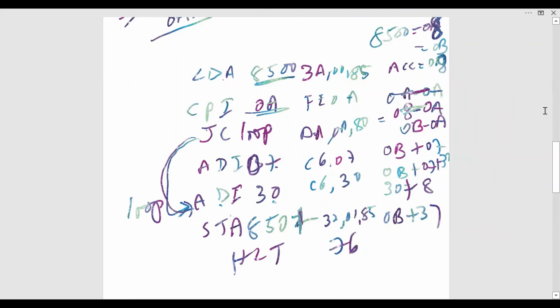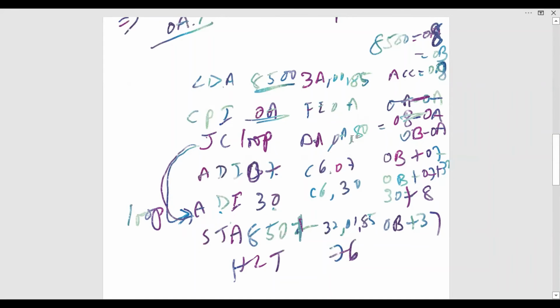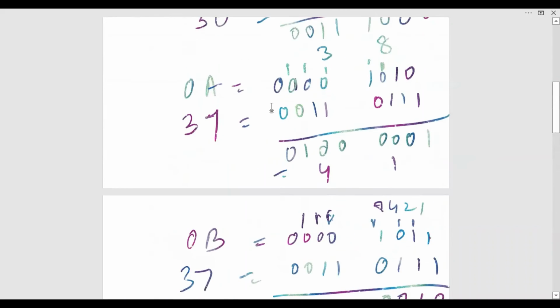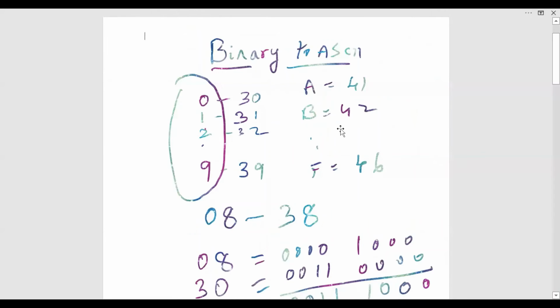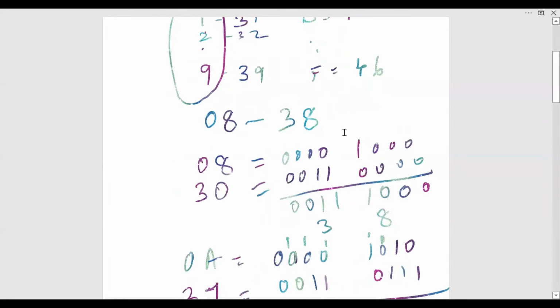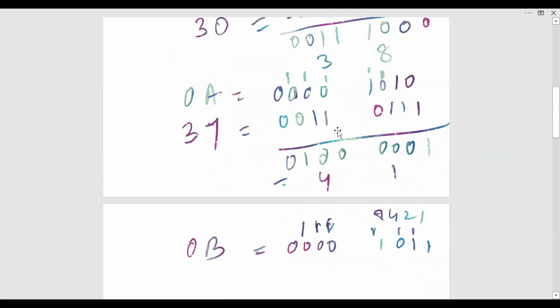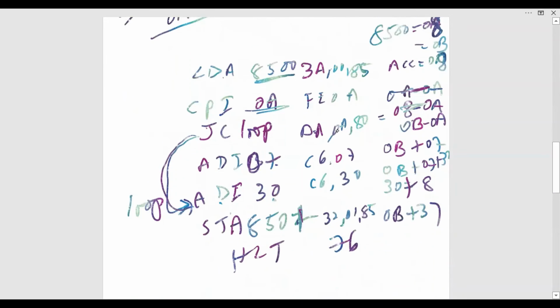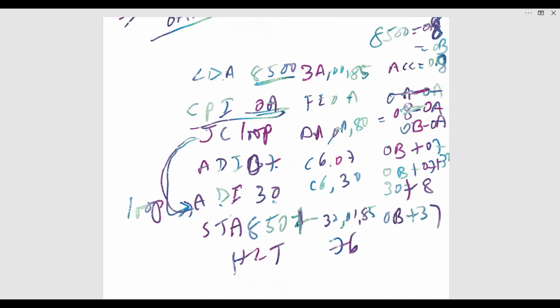So to convert a binary to ASCII number, we have to give input in the hexa notation only, and then we have to proceed. For that, we compare the number with 0A. If the number is less than A, add 30. If the number is greater than A, add 37.